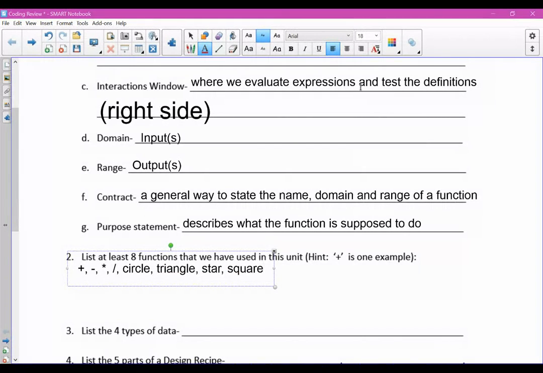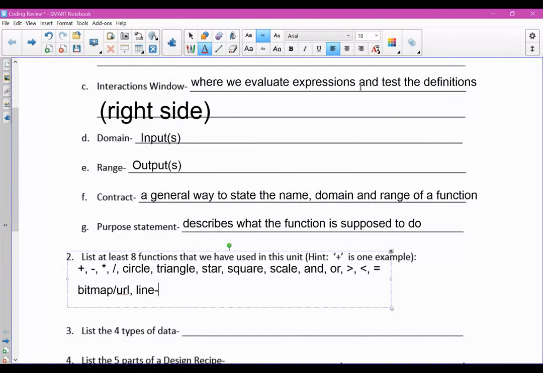Okay. We had our scale function. We did and or. All of our inequalities, greater than, less than, equal to. Okay. We also had our bitmap URL, where we insert links from the internet.